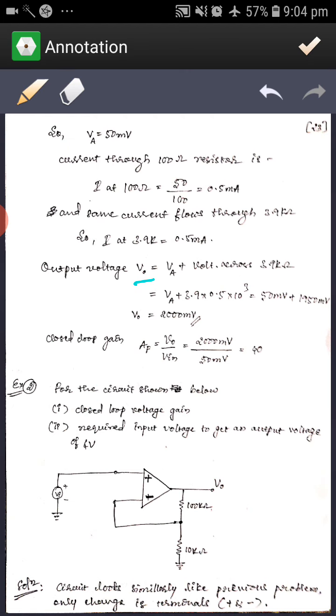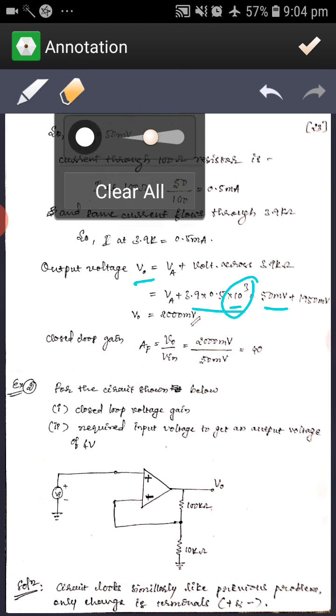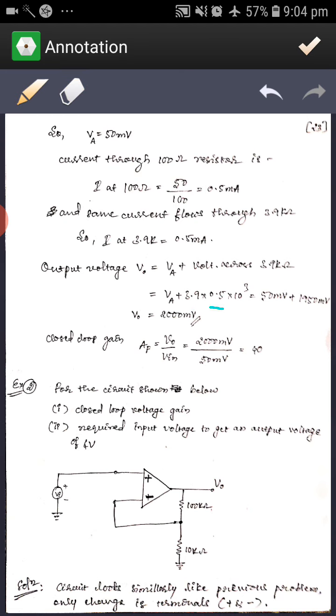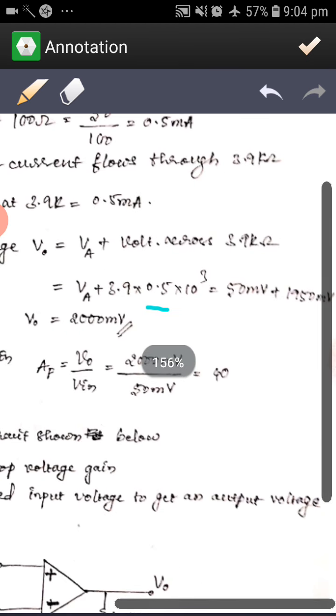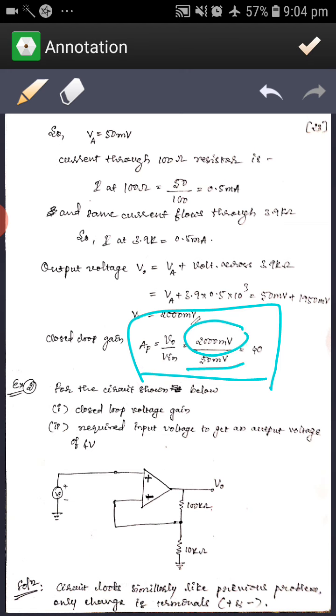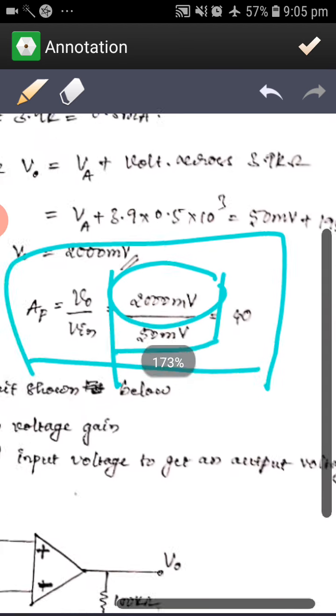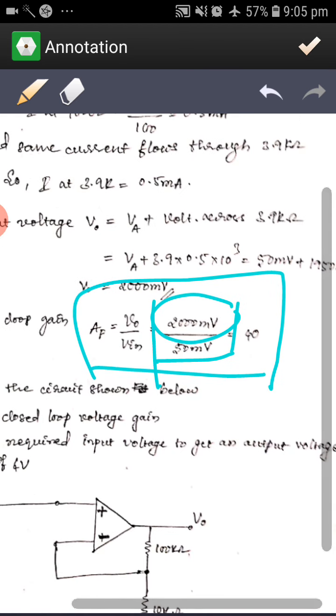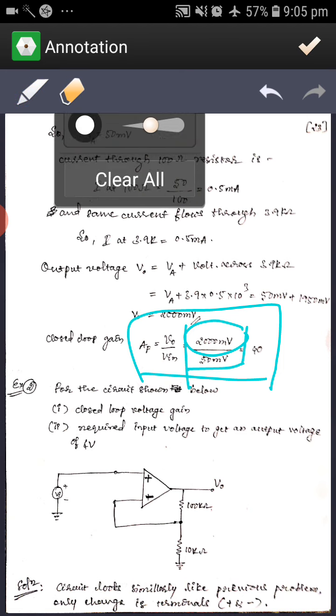We know Va is 50 millivolts, and 3.9k, where k is 10 raised to 3, times 0.5 milliamps, gives 1950 millivolts. So 50 millivolts plus 1950 millivolts together give 2000 millivolts as the output. The closed loop voltage gain Af is equal to V0 by Vin. V0 is 2000 millivolts and the input is 50 millivolts, so the gain is 40.